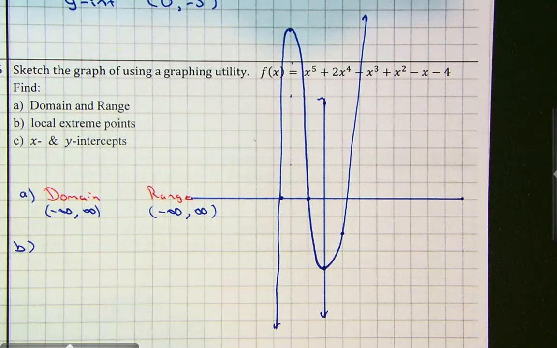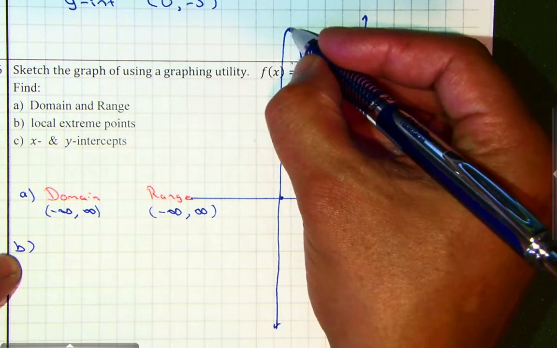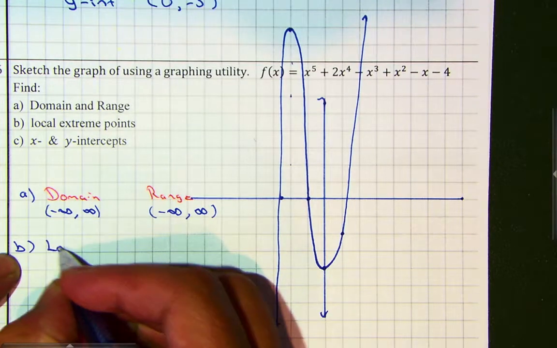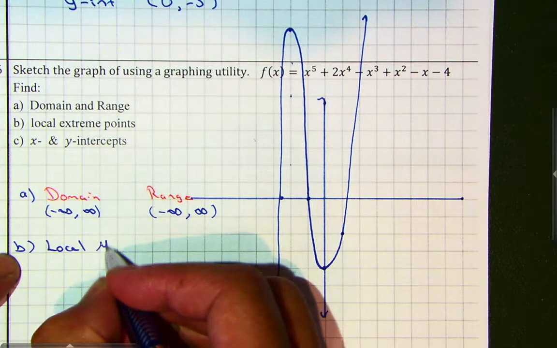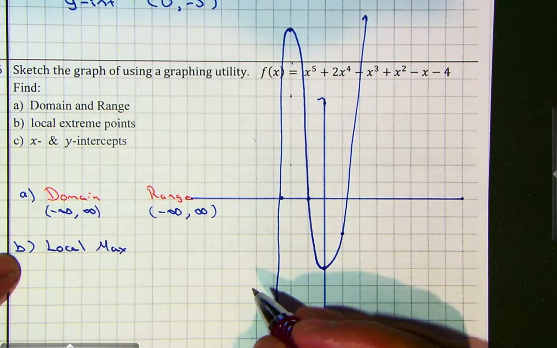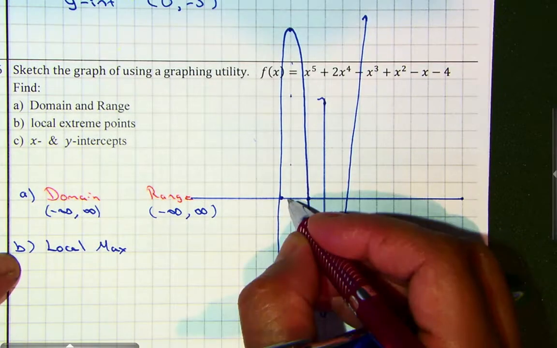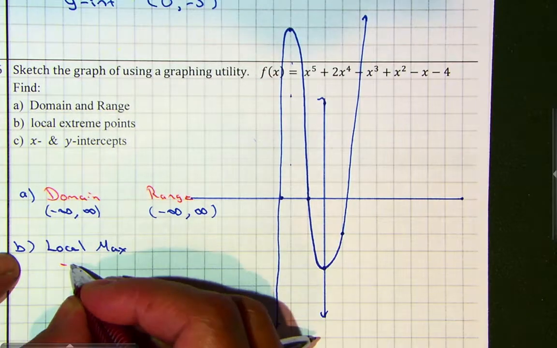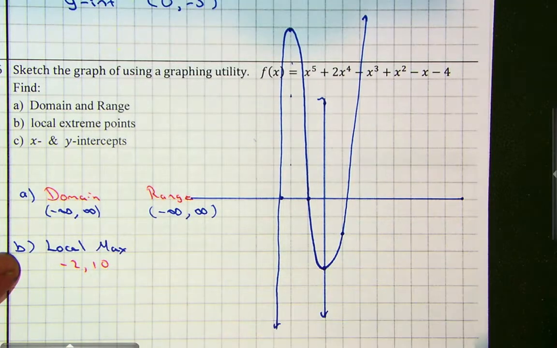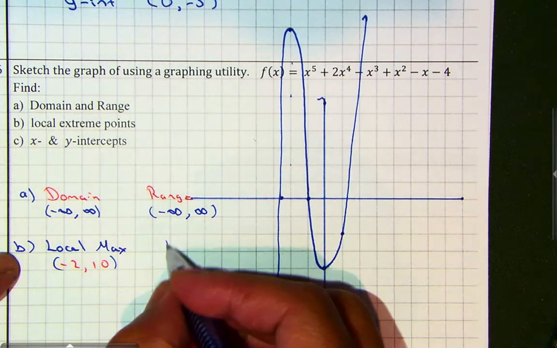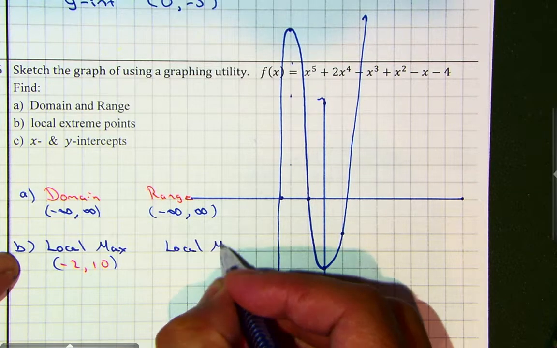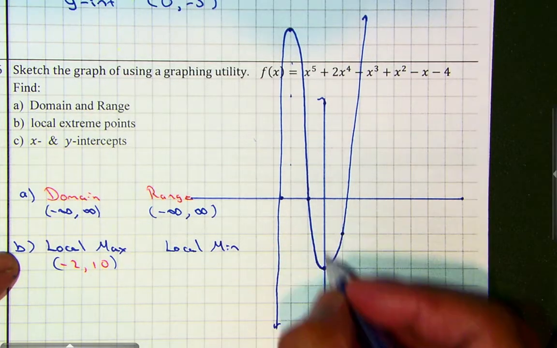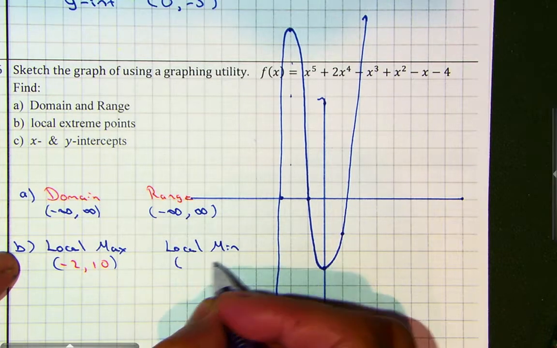B, your local extrema, so we have your local maximum. That is at -2, 10. Your local minimum will be at 0, -4.